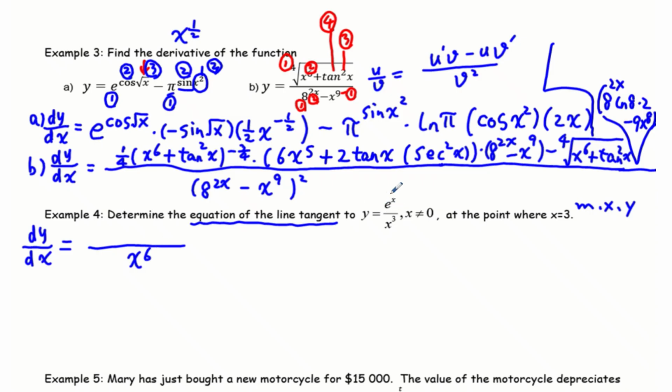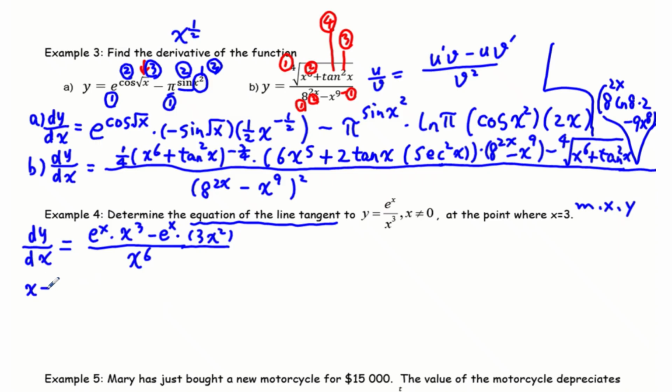Then this derivative is itself, then times the y, then minus u times the derivative of the y, 3x squared. Then simplify it. Or we could just sub in the number.